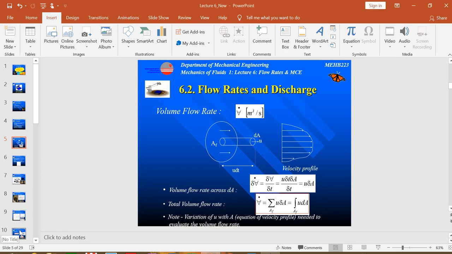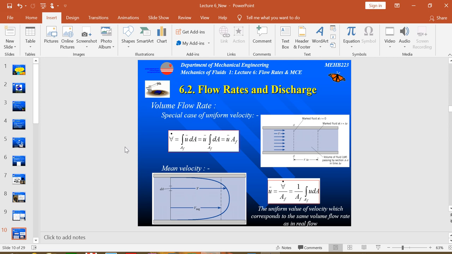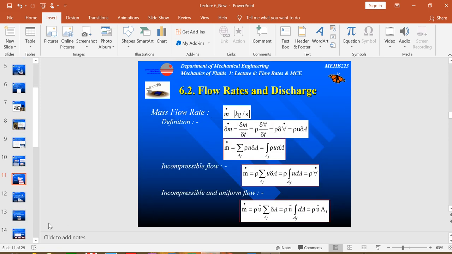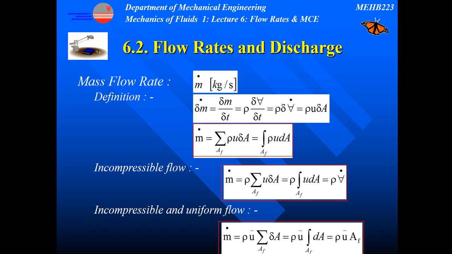Other than volume flow rate, you can also describe the fluid flow in mass flow rate. Mass flow rate is mass divided by time, so you get kilogram per second. Mass is density times volume, and volume divided by time is basically volume flow rate.